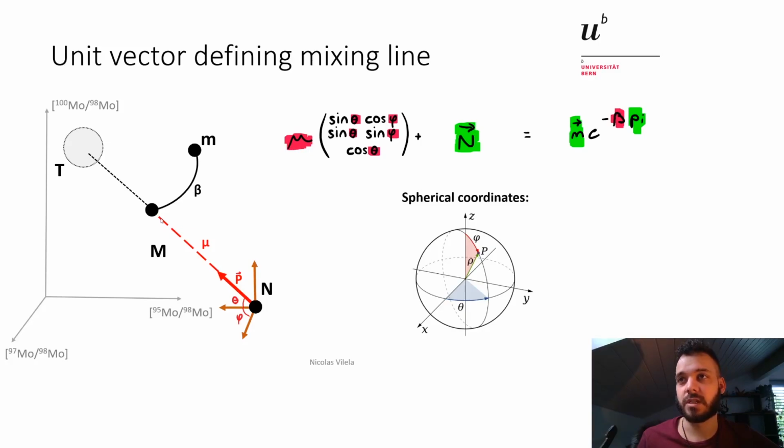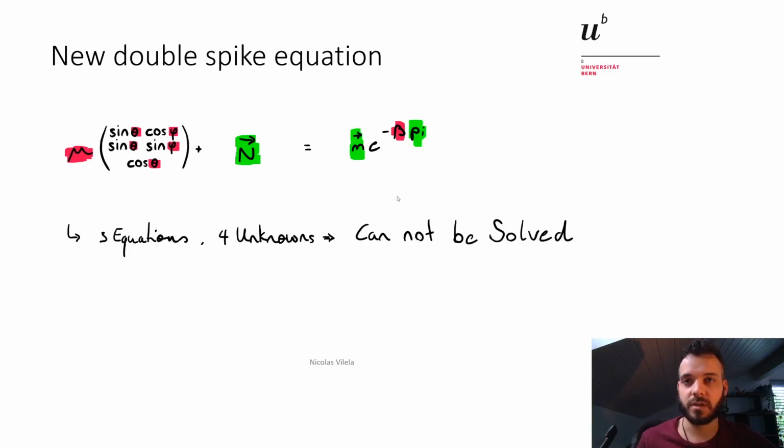And eventually we reach the same point as from this path. If we look carefully at our double spike equation, we'll notice that we actually have 3 equations but 4 unknowns, so this system cannot be solved.